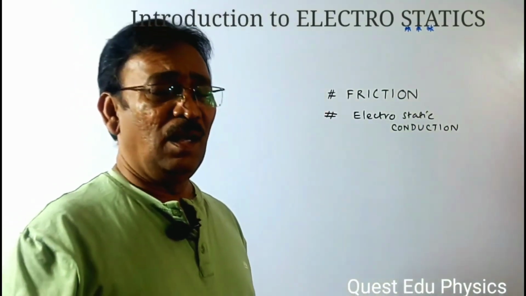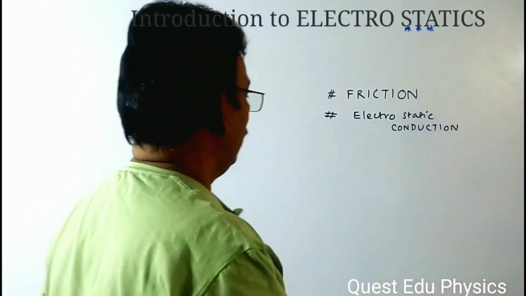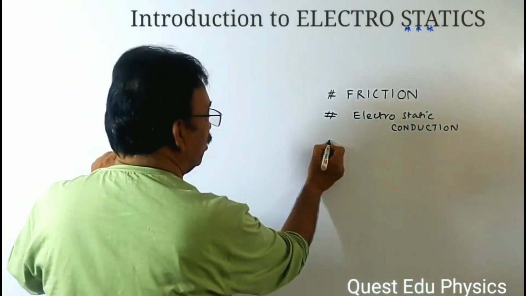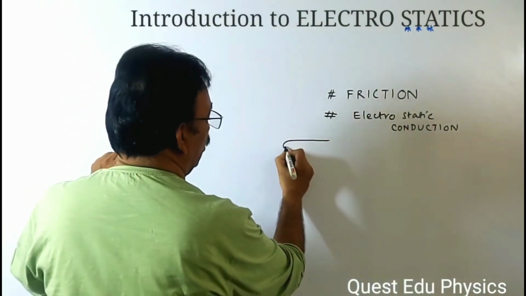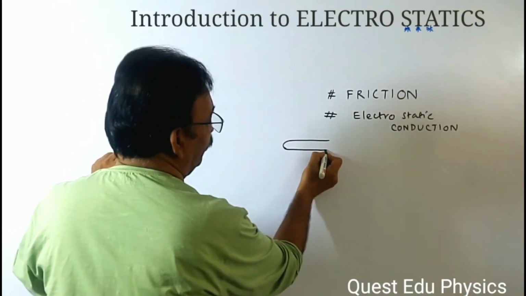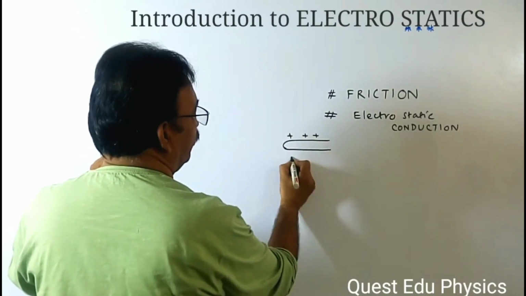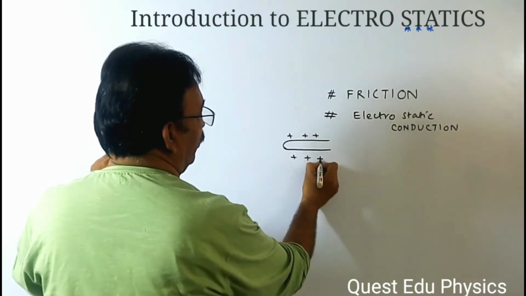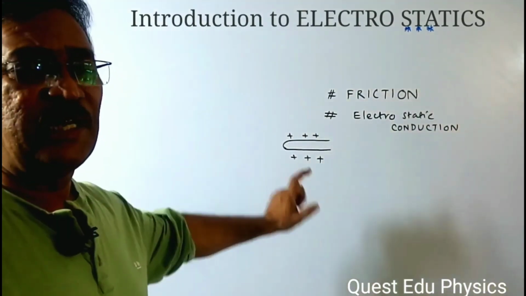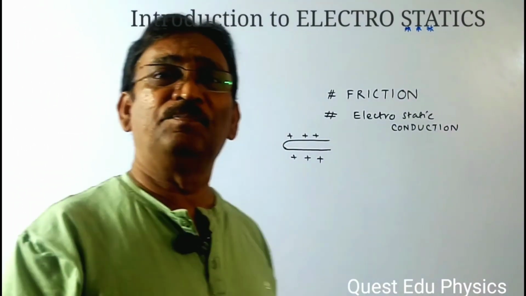The glass rod acquires the positive charge. Here it has 6 units of positive charge.